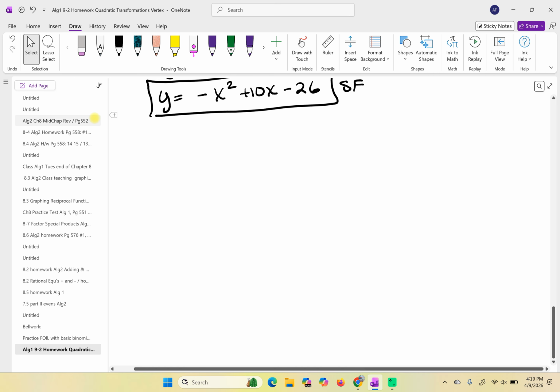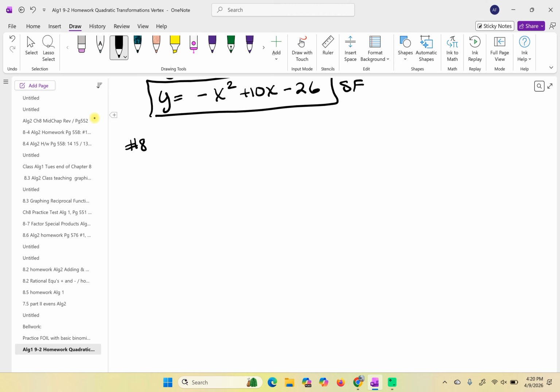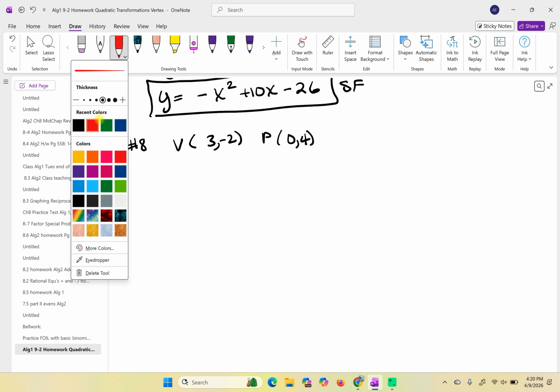One more problem to go. Number 8, the vertex is 3, negative 2. A point on the graph is 0, 4. Label.